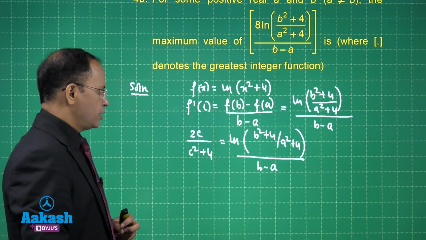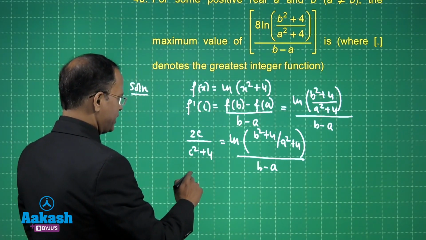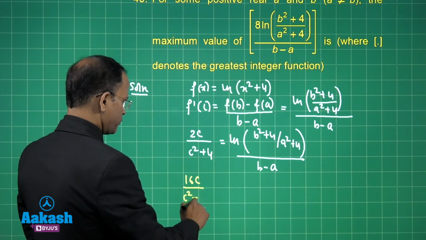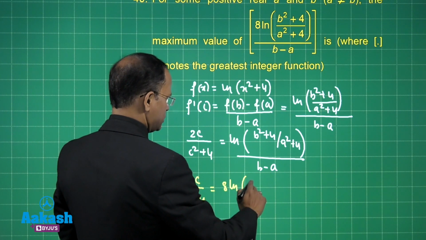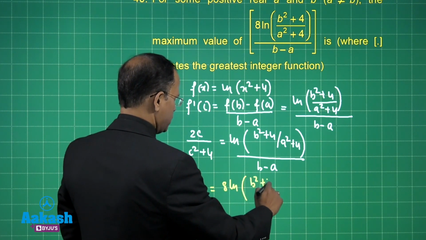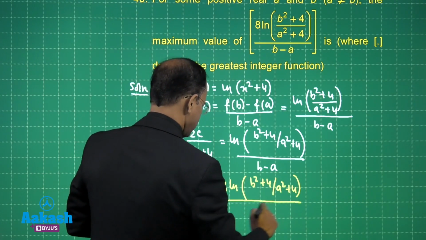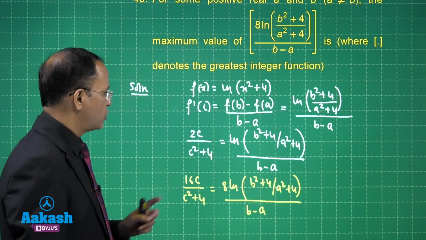Now, because we need 8 here, we have to multiply by 8. So this is 16c divided by (c² + 4), which is equal to 8 ln((b² + 4)/(a² + 4))/(b − a). Got it?